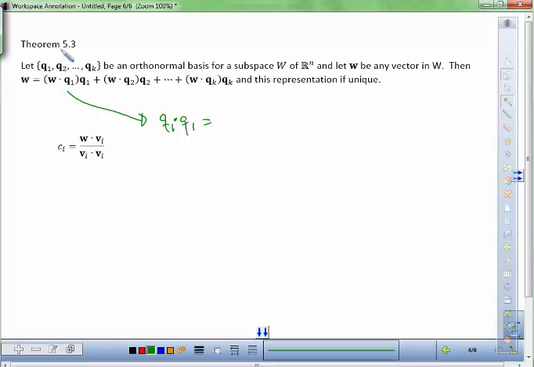That means each of these has unit length, and Q dotted with Q is the same thing as the magnitude of Q squared, which, if it has unit length, is equal to 1. Right? So they just said the denominator is all 1.